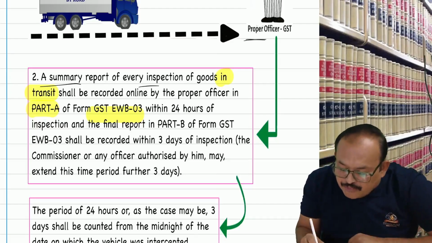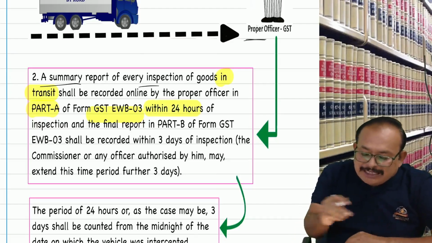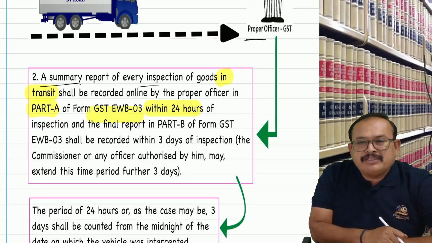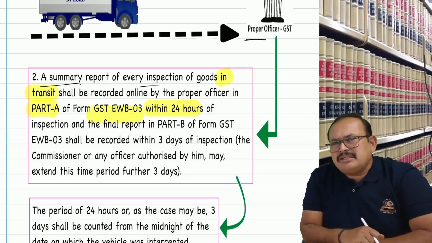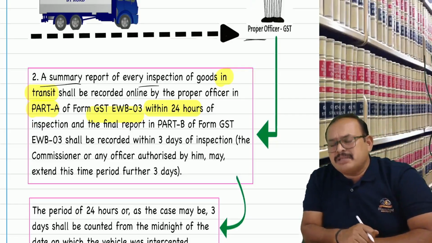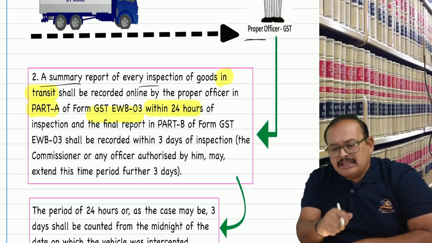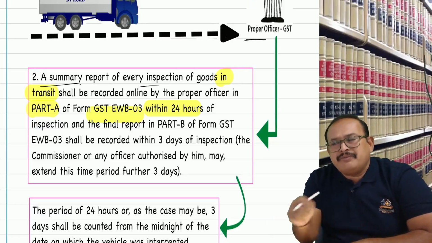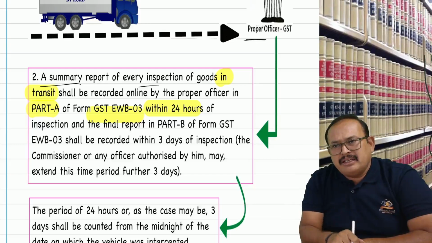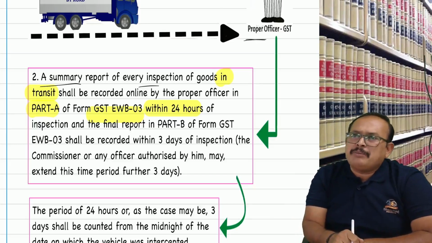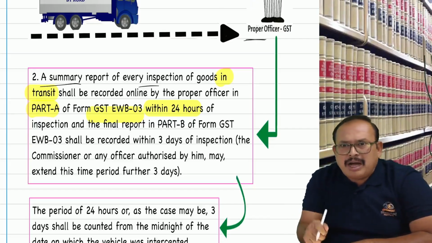Within 24 hours of inspection. Does 24 hours from the time of inspection mean, say, the vehicle is detained today at 11:40 in the morning and no e-way bill is found, and the 24 hours start from 11:30 am? No.